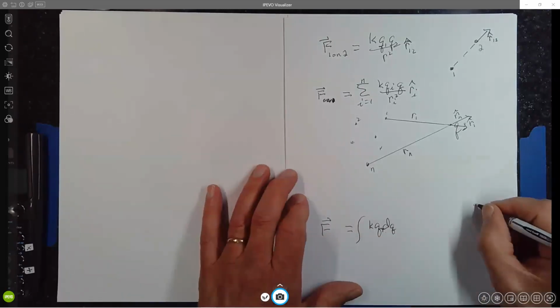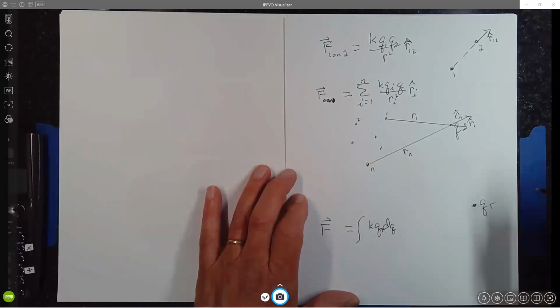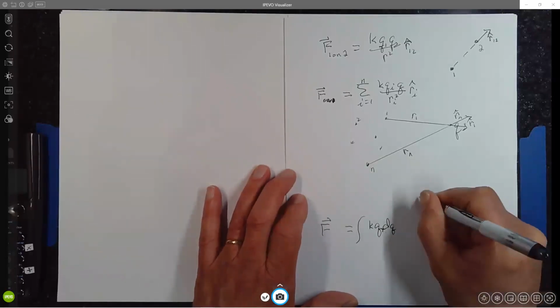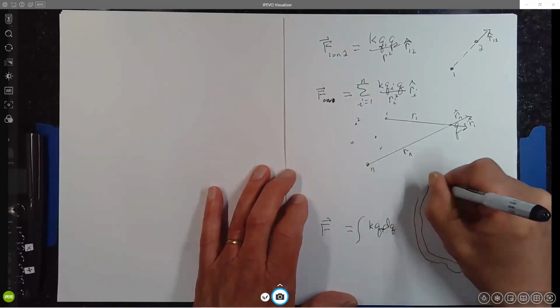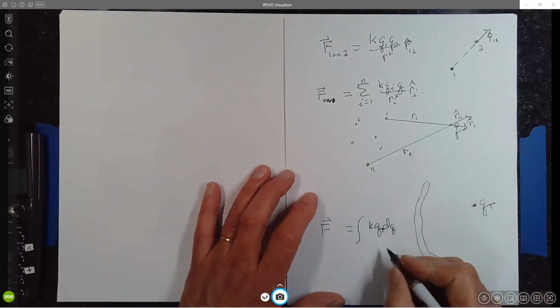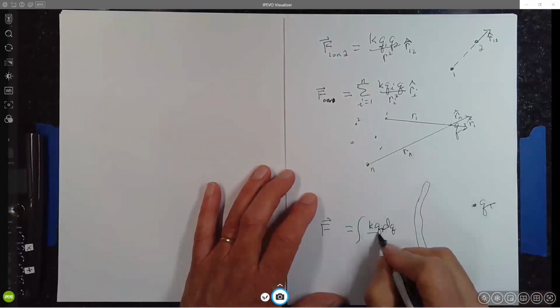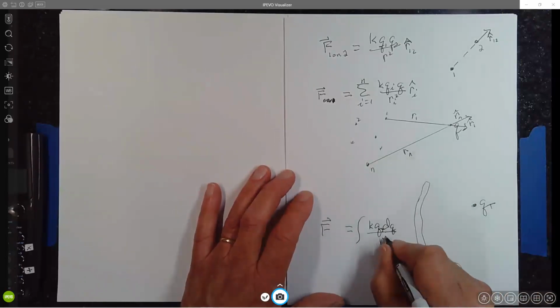And so I'll draw it out here somewhere. And then we'll have some sort of a charge distribution here that's spread out some way or another. And you'd have to integrate over that thing, all the little dq's, and it would be over r squared.